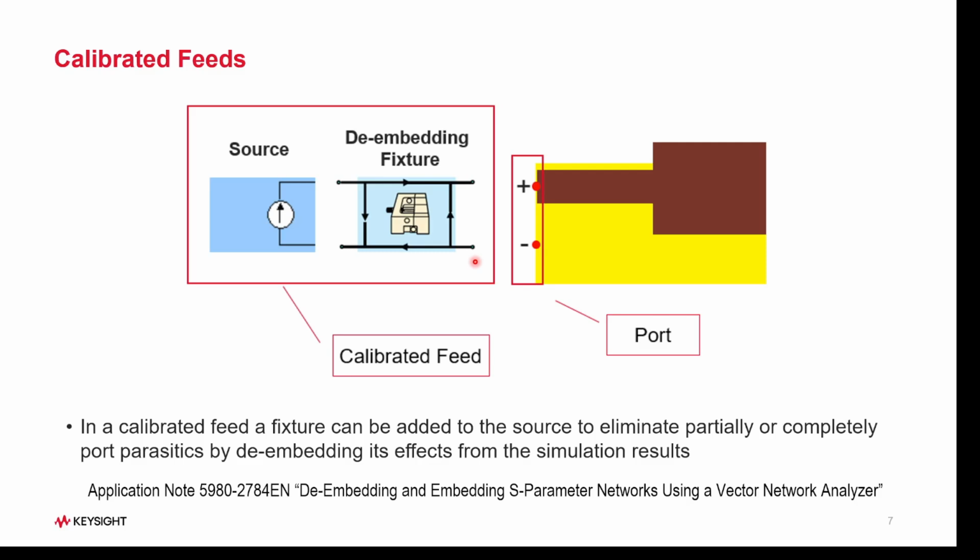The idea is to add this structure, independently characterize its effects, and then de-embed these effects from the analysis, in order to see just the behavior of the structure at the port without these parasitic effects.